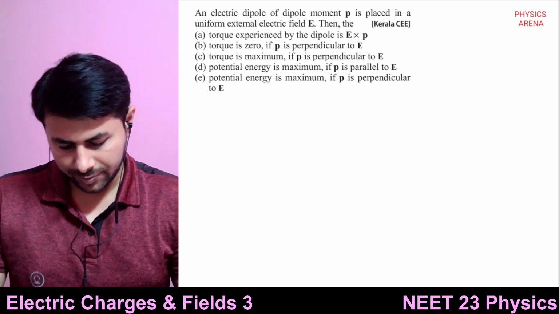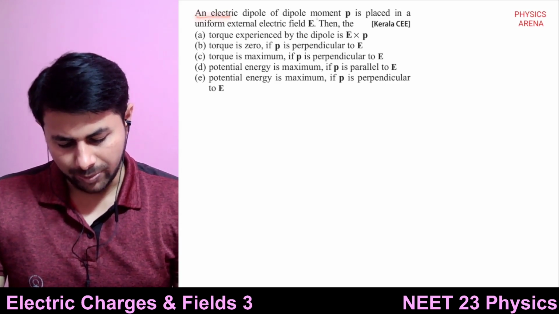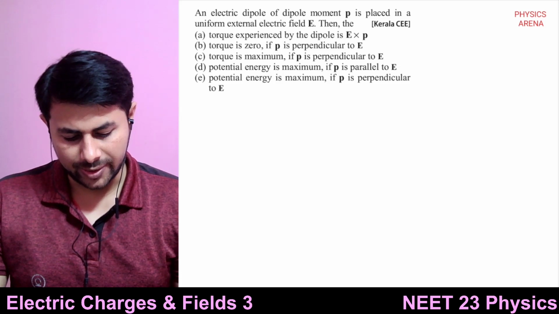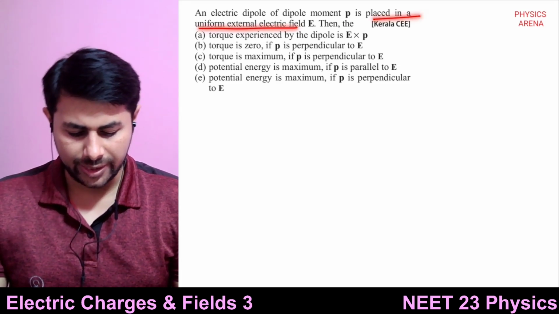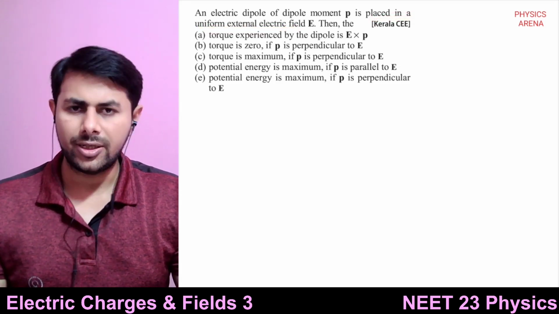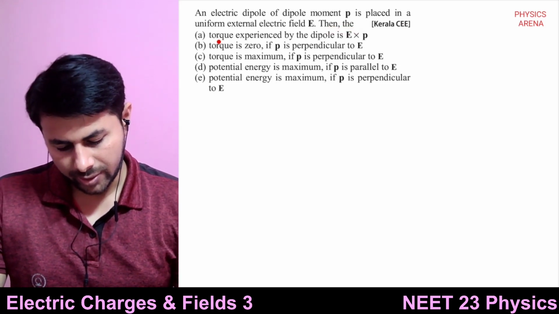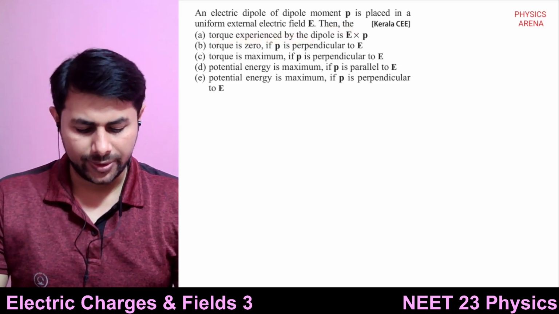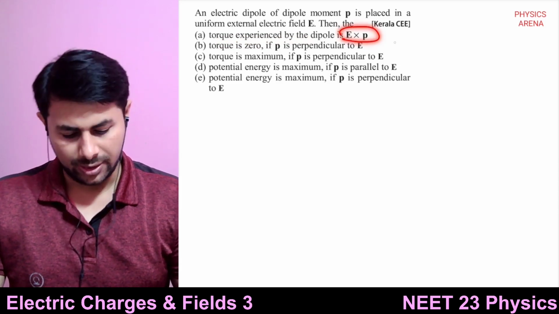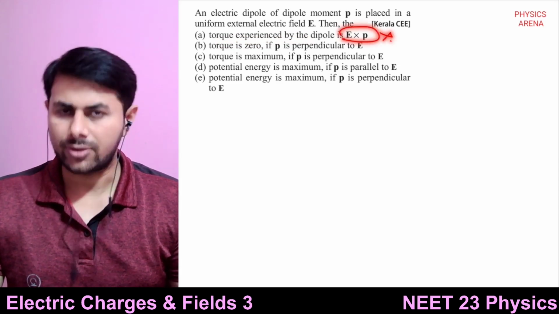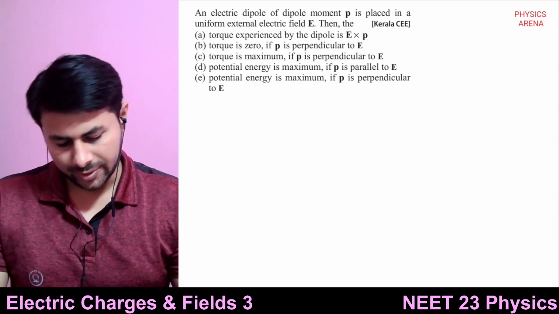Next question. An electric dipole of dipole moment p bar is placed in a uniform external electric field E bar. Then option A, torque experienced by dipole is E bar cross P bar. This is not true. It is P bar cross E bar.